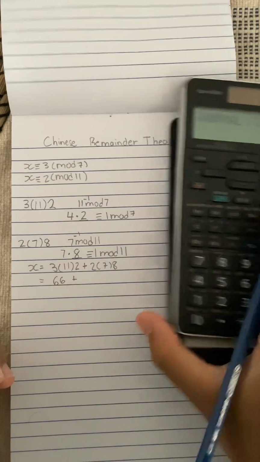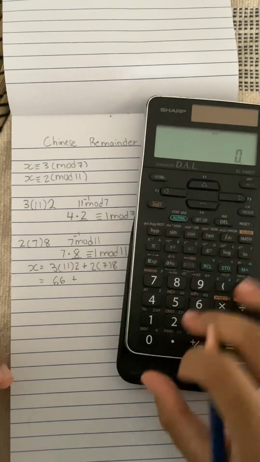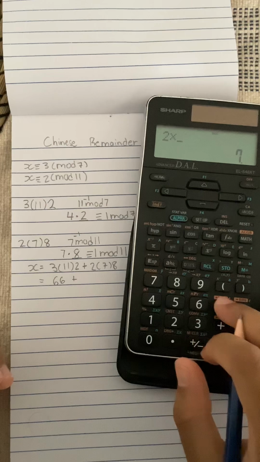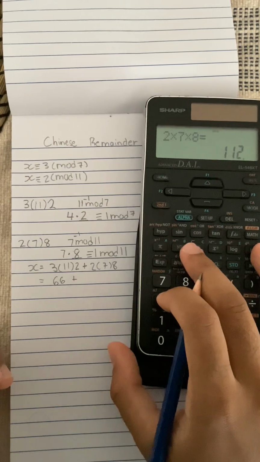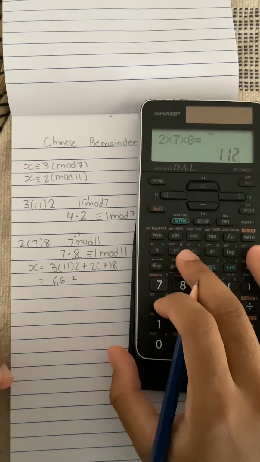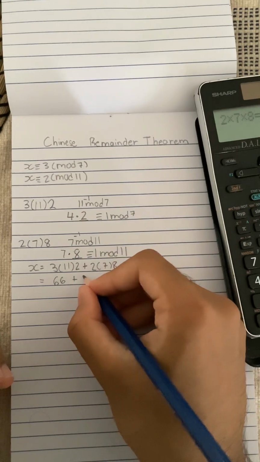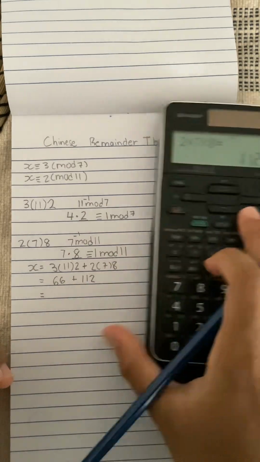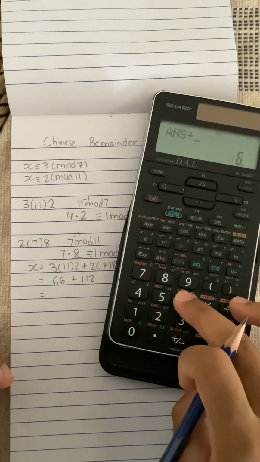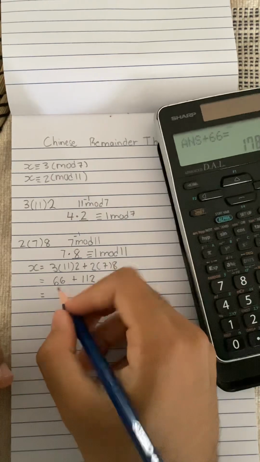And 2 times 7 times 8 is 112. Now 66 plus 112 gives you 178.